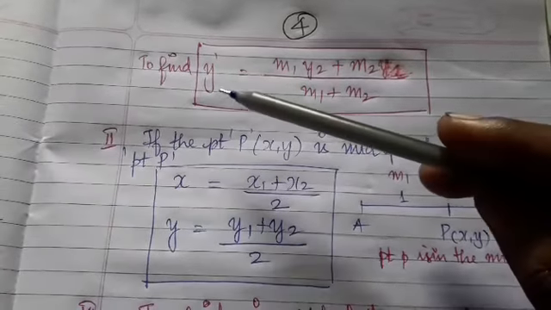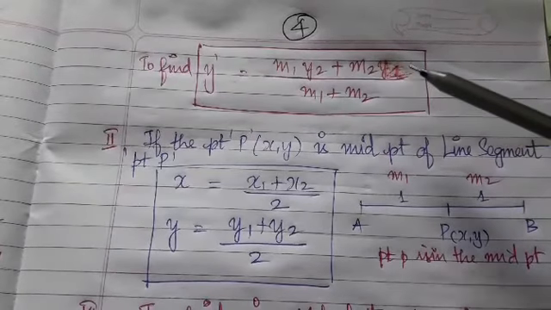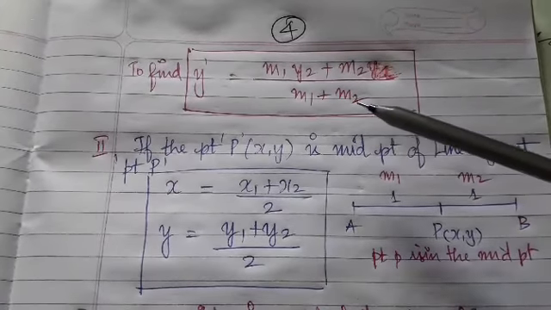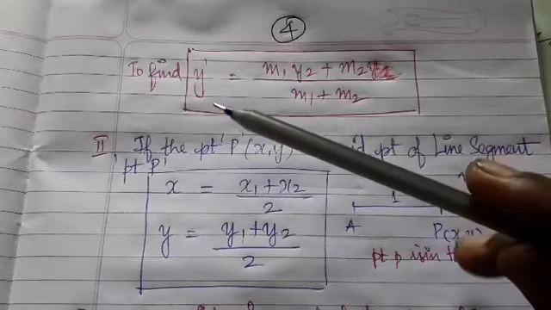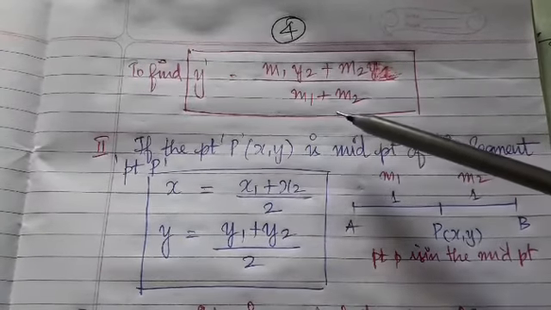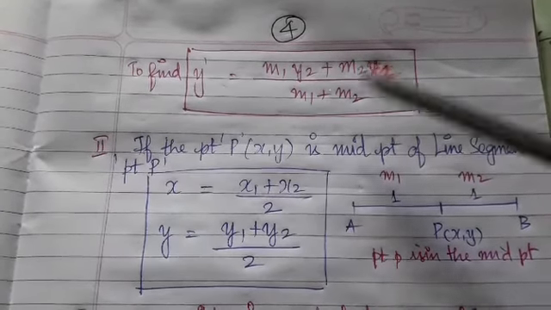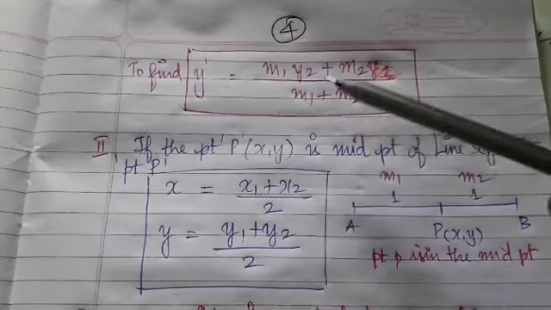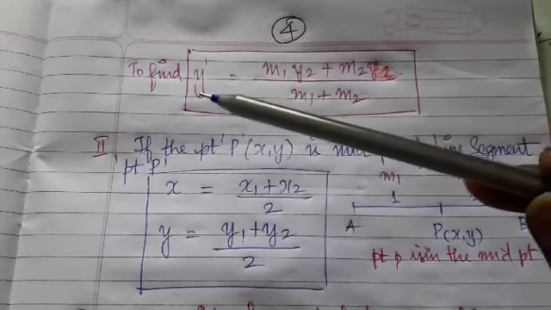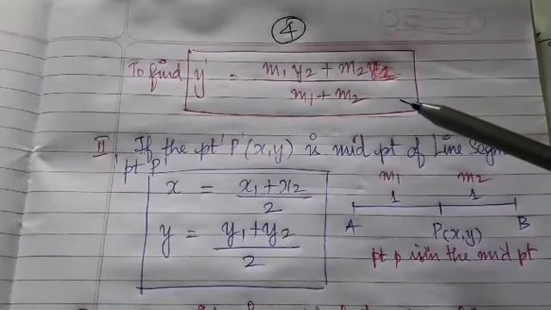For the y coordinate of point P, y equals (m1 y2 plus m2 y1) upon (m1 plus m2). If a point is lying in any position in between A and B, that point's coordinates x and y can be found by using these two sectional formulas.